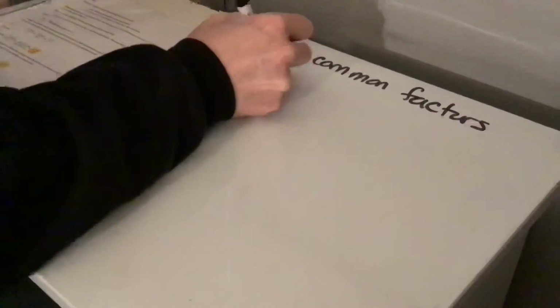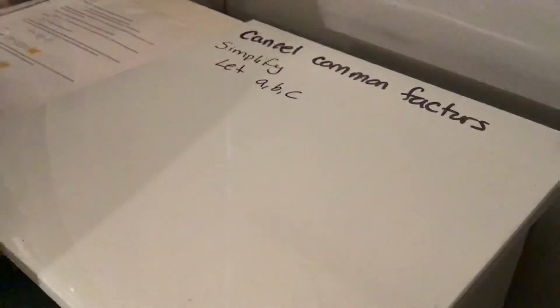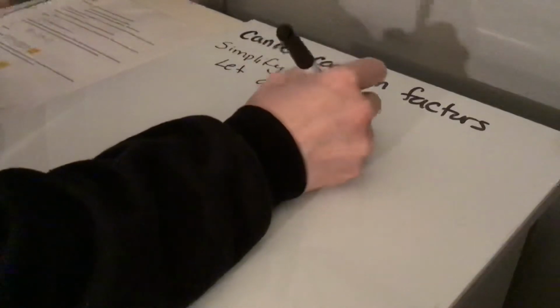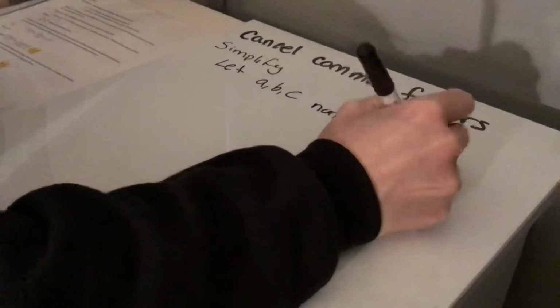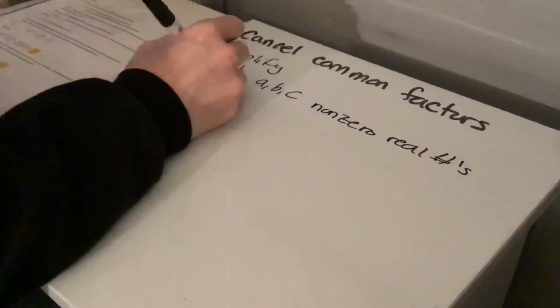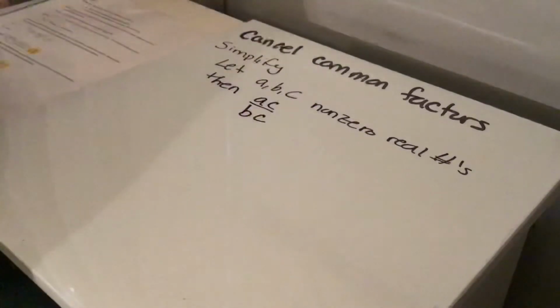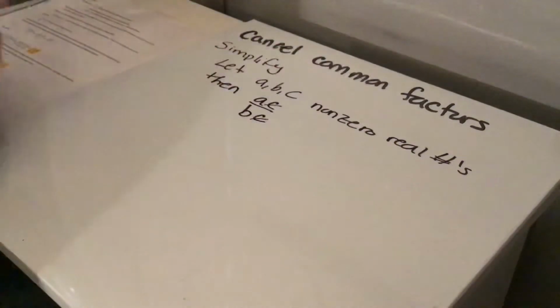So you have to be able to factor the numerator and the denominator in order to simplify. If A, B, and C are non-zero real numbers or variable expressions, then if you have AC over BC, so A times C over B times C, the C's can cancel because they're common factors.